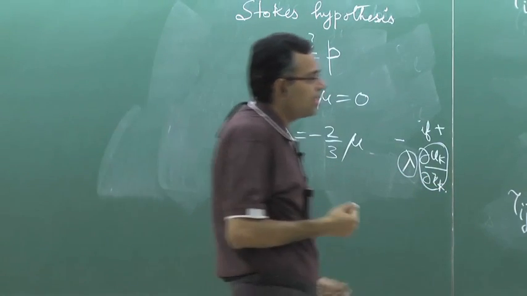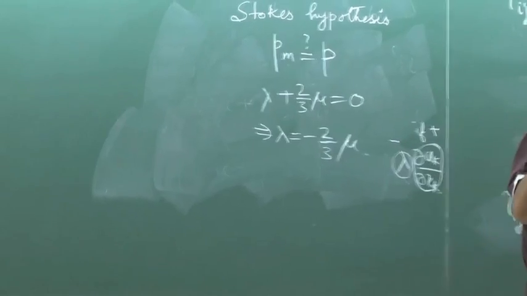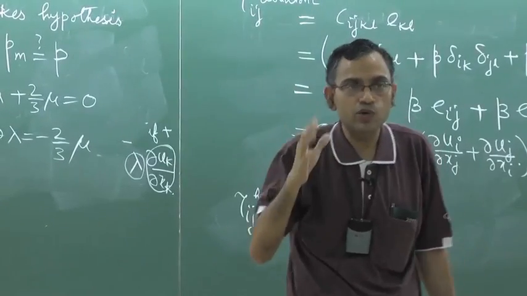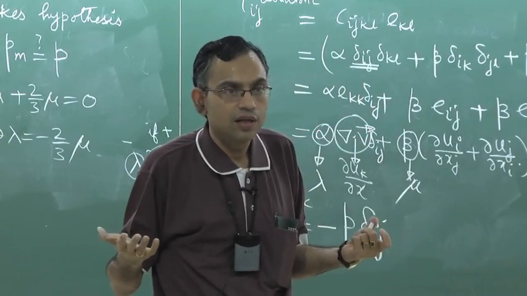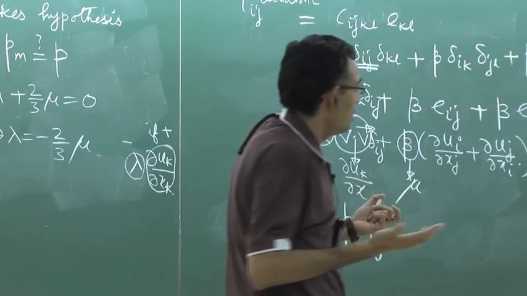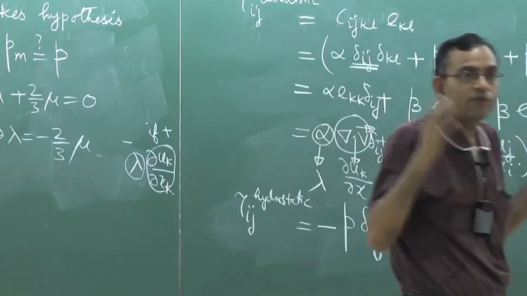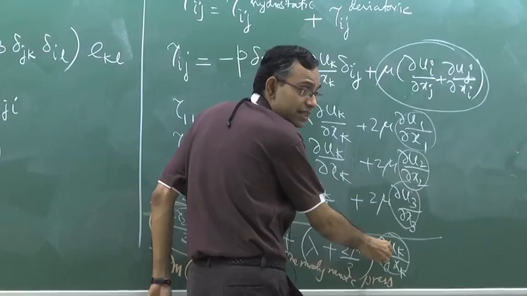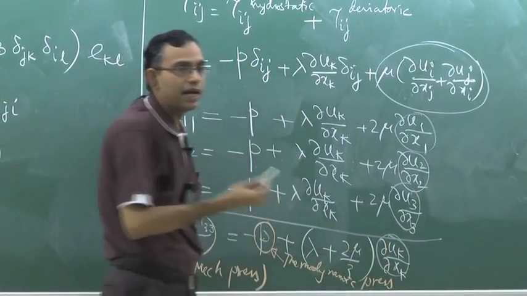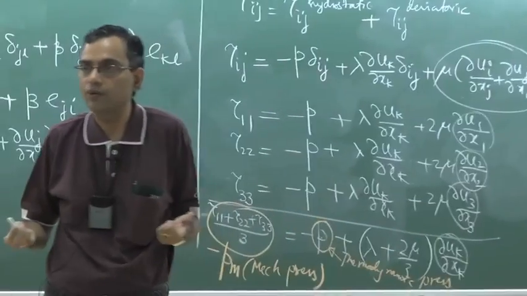The other important discussion is that there is a special type of fluid for which you do not care whether Stokes hypothesis is valid or not. That is the case when the flow is incompressible. If the flow is incompressible, then because this term is equal to 0, you will have mechanical pressure identically equal to thermodynamic pressure.